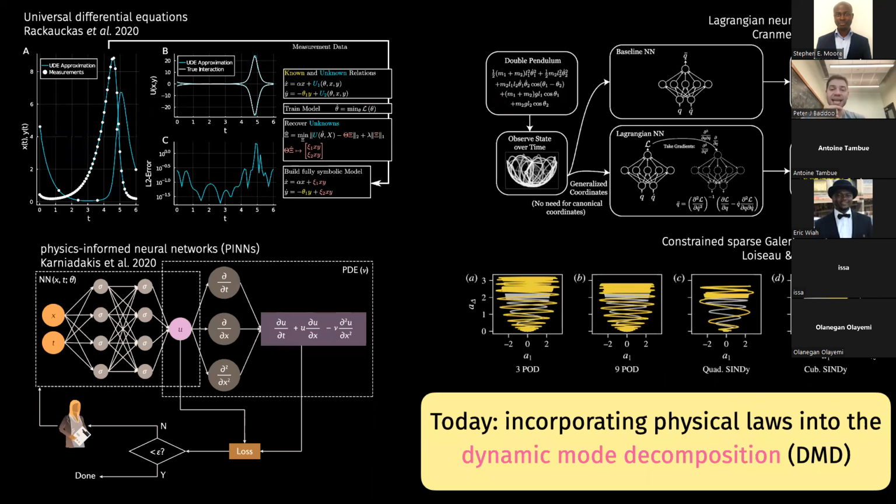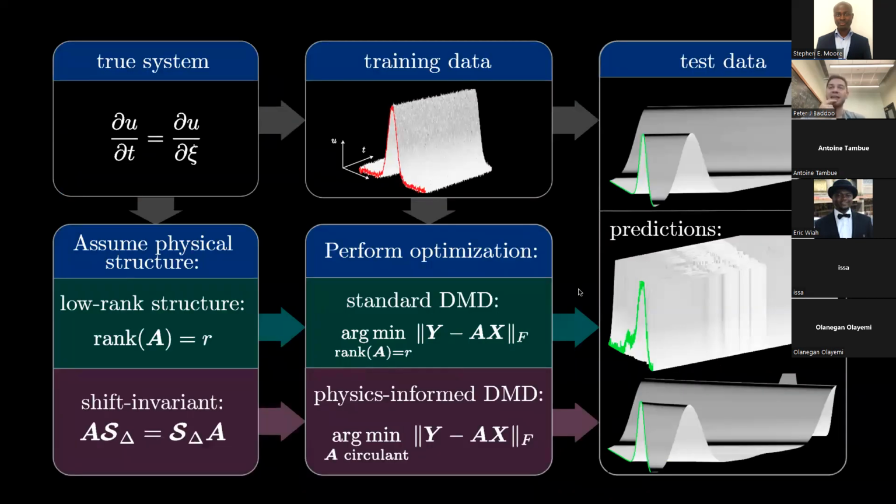But just as a taster of what's to come, here's a slide that compares the normal dynamic mode decomposition with our new physics-informed dynamic mode decomposition. So in this case, we're studying just the simplest partial differential equation, which is the advection equation. So it just corresponds to a translating wave or translating pulse. And we only have access to an incomplete data set.